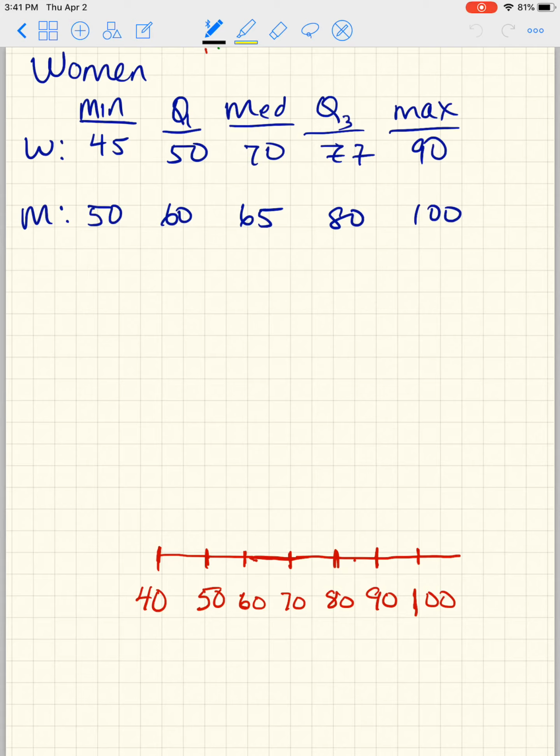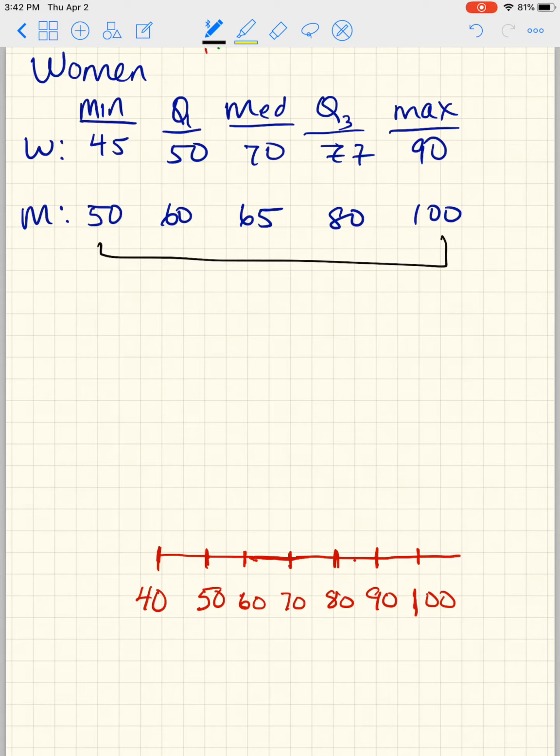So in this case, the difference is 50, so I divide it by 5, and I'm making my scale go by tens. You can also do 90 take away 45 and do it that way, but I prefer to do it the larger range.